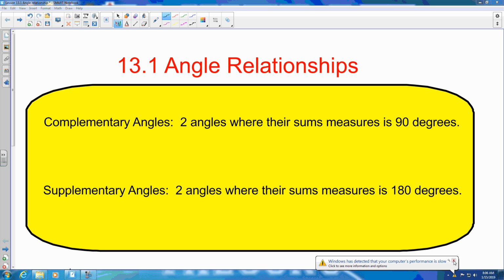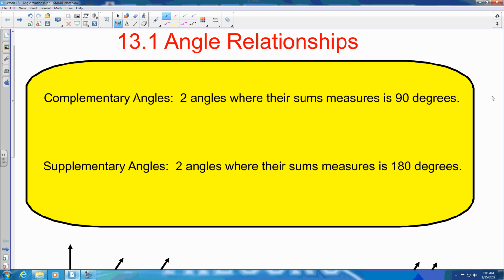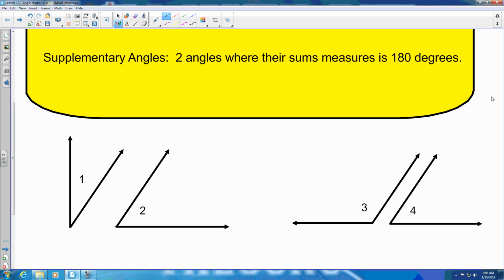If you look at the definitions, it says complementary angles are two angles where their sums measure 90 degrees, and supplementary angles are two angles where their sums measure 180 degrees.